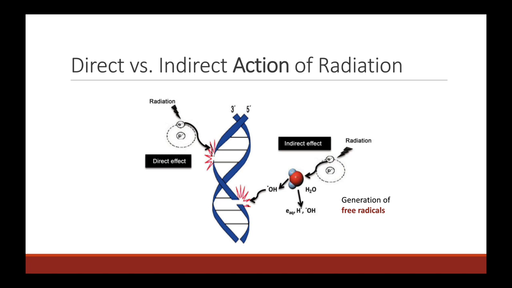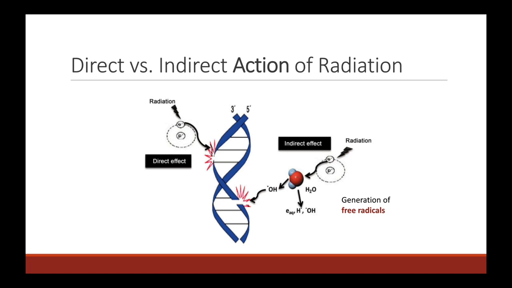The direct action can happen when the electron that is ejected directly goes and interacts with the DNA and causes DNA damage. So that is a direct action of radiation. The indirect action, which is actually much more common, happens when that ionized atom or electron goes and interacts with a molecule such as water, causing a generation of a free radical.